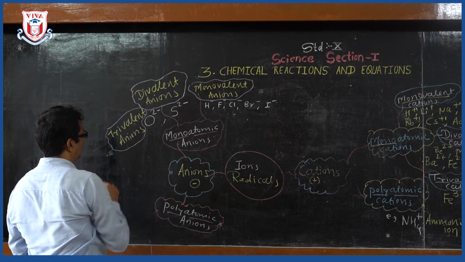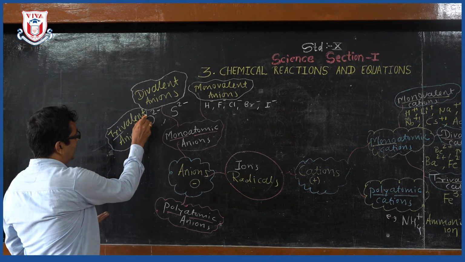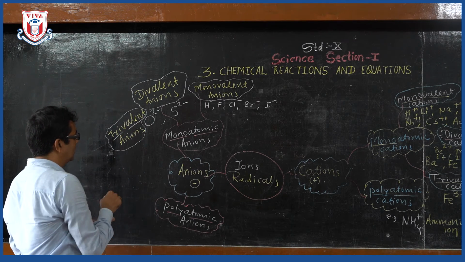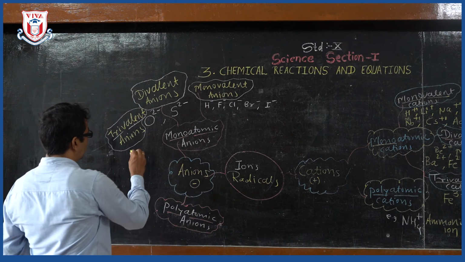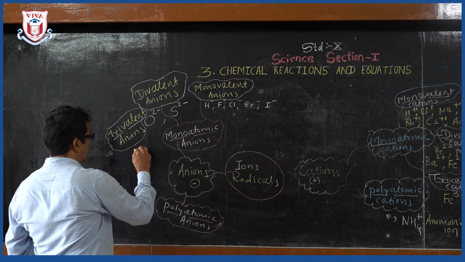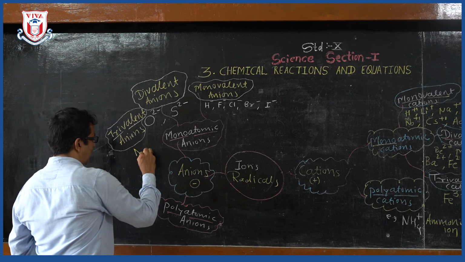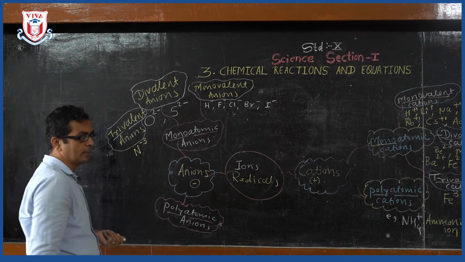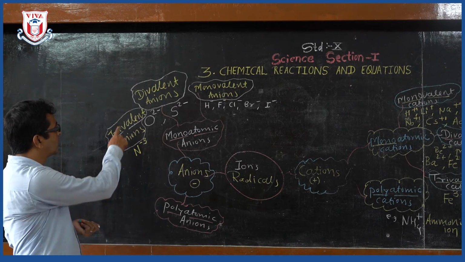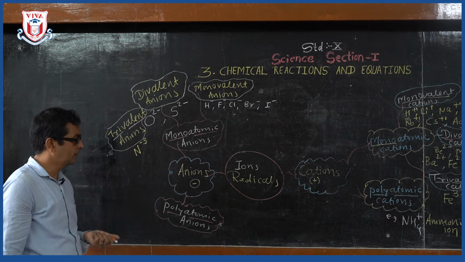It is 3. Valent means valency, and having a negative charge, so it's called trivalent anions. N minus 3 is the example of a trivalent anion.